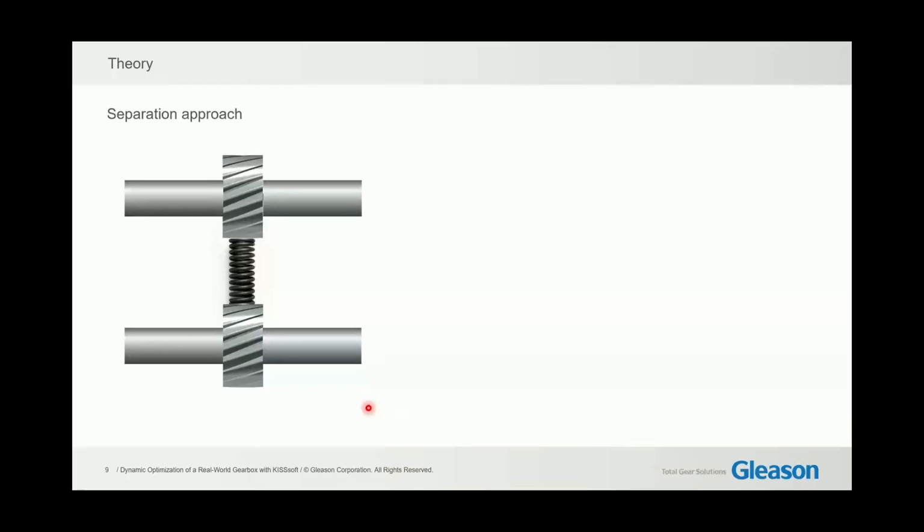So what did we do? In a simplified way, we look now at one gear stage here with these two shafts, two gears, and a spring between the two gears, that is the meshing, the teeth of the gears replaced by a spring. So we looked at this force that is applied from the spring to each shaft.